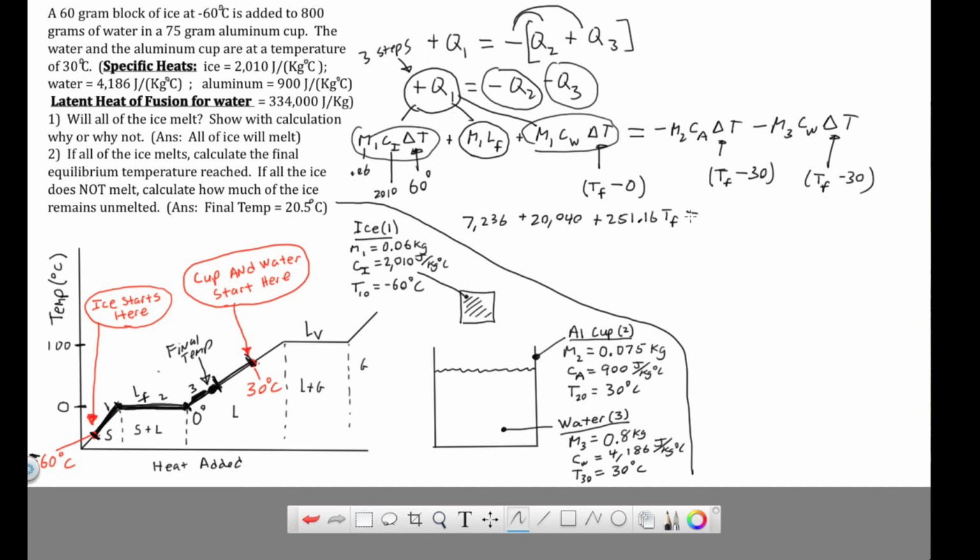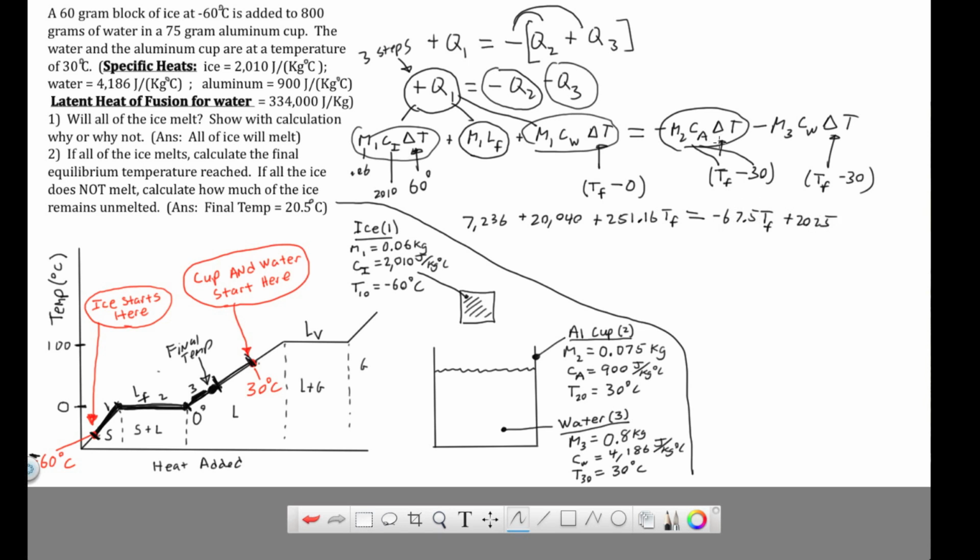All right, equals, okay, so this part right here is going to become, let's see, what did I do here? This is going to become, so once you plug this in and you distribute, you're going to take M2, you're going to go boom, boom, distribute it. You're going to get negative 67.5 TF plus 2025.